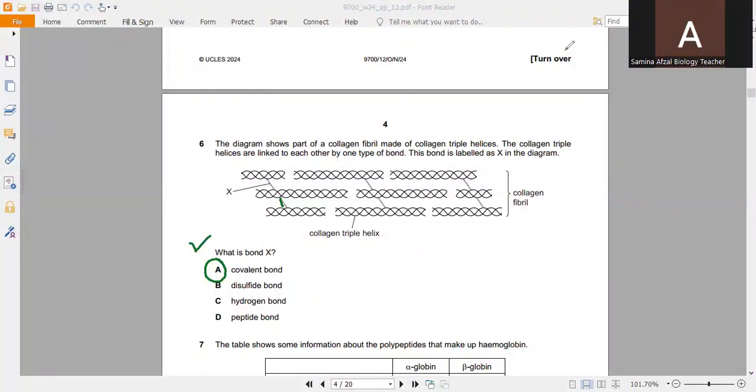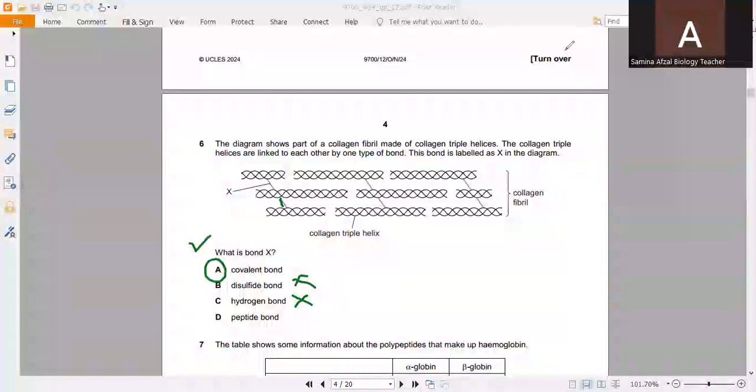And the third option is hydrogen bonds. Hydrogen bonds are present between the collagen molecules, so again, this is not the answer. And peptide bonds are also covalent bonds. They join amino acids together to form proteins, so they are present within the collagen triple helices.